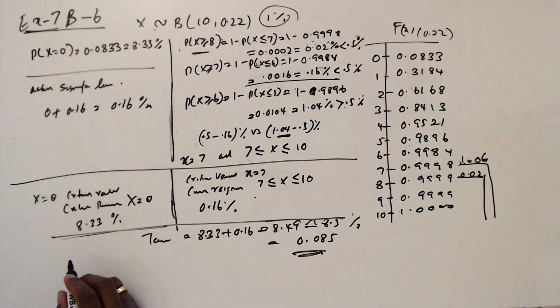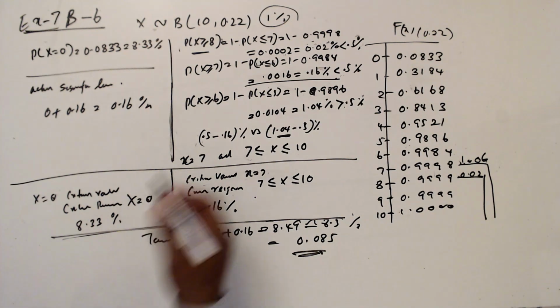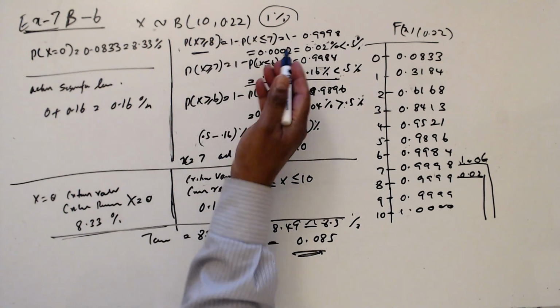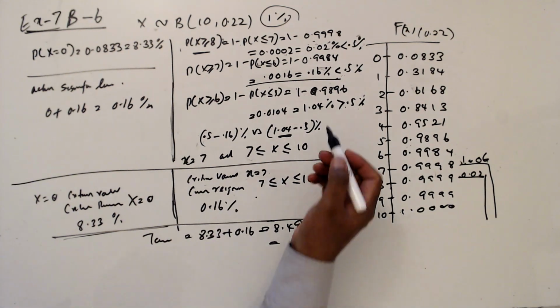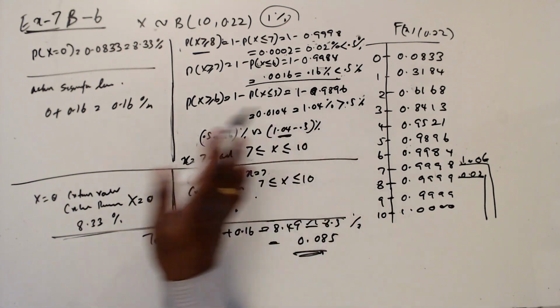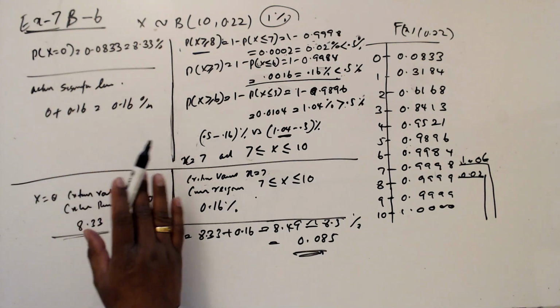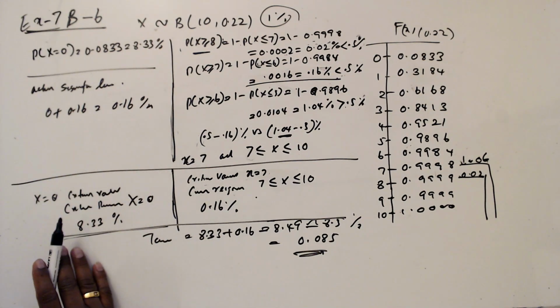So instead, I might think differently. Instead of 1% from both sides, I'll go for 1% total, and in that case I'm not going to involve this one.